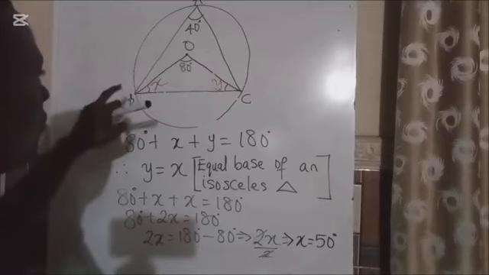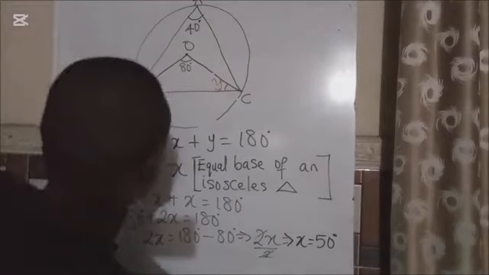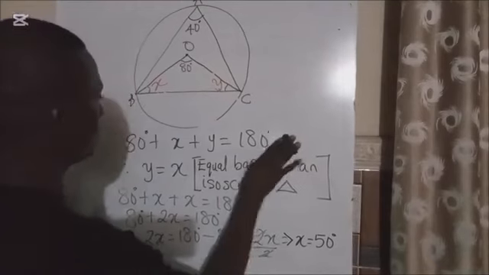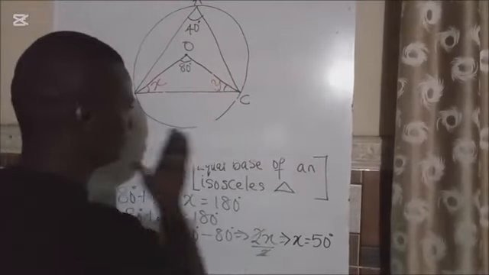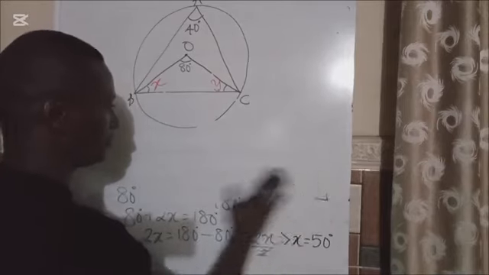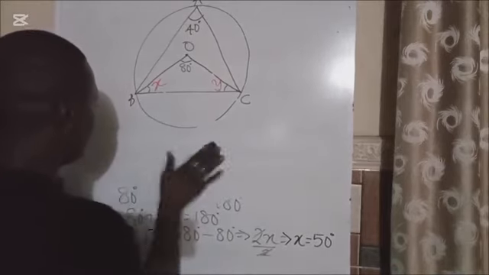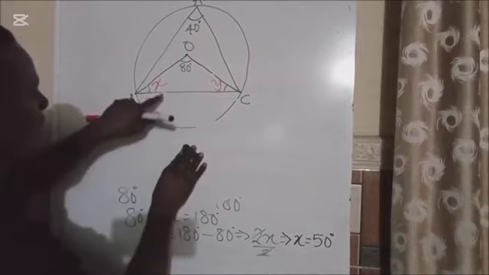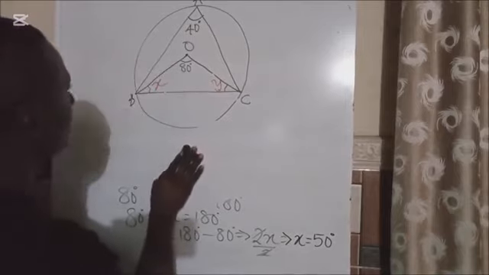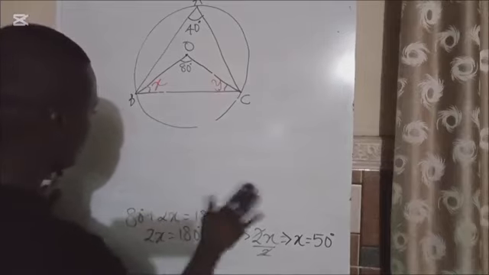So since our x here is equal to 50 degree, we can proceed to getting our triangle OBC. So let's put it off this side. Now, remember, x is representing triangle OBC.